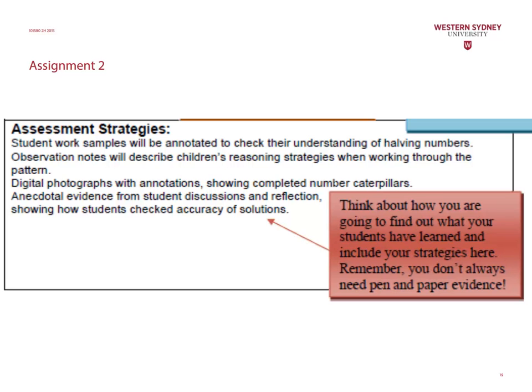So what I want to know is, when I have a look at the students' constructed number caterpillars, am I able to see that they understand what halving an even number is all about? Right? If I have a look in my outcomes, I might also get an idea that I've used the terms even and halving. So that's where my assessment strategy has come from.